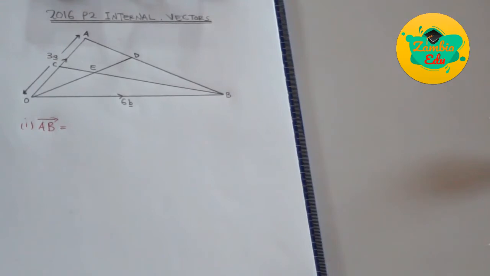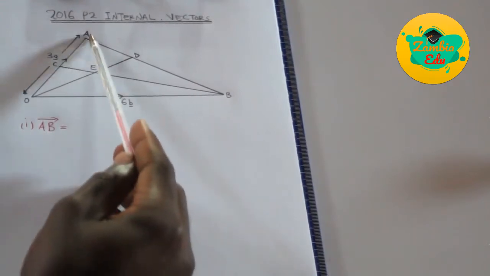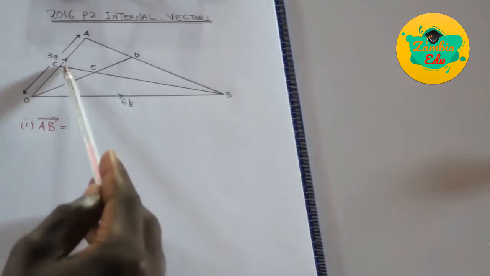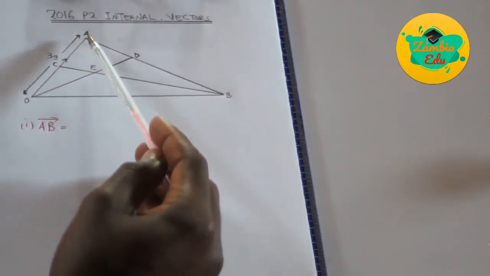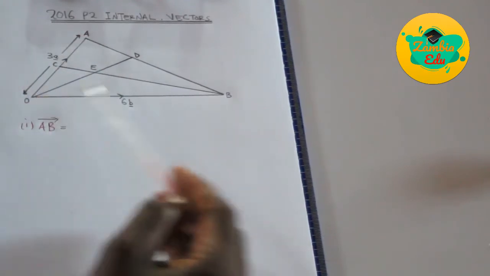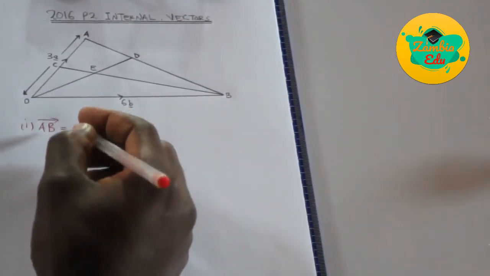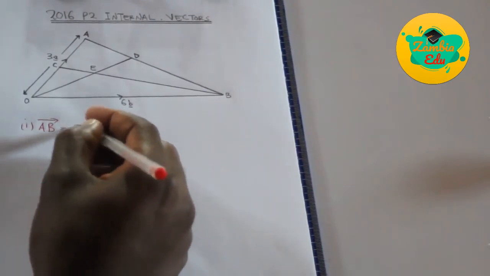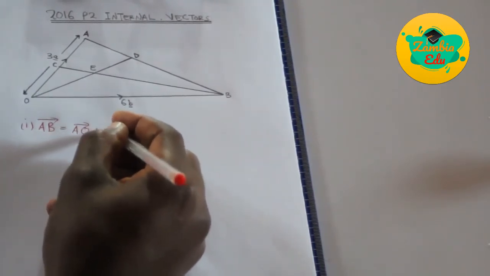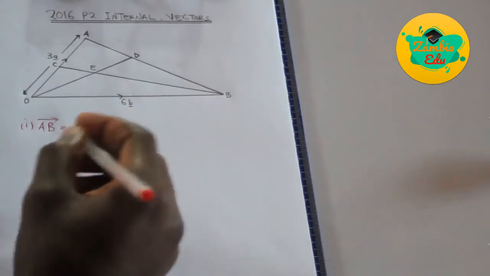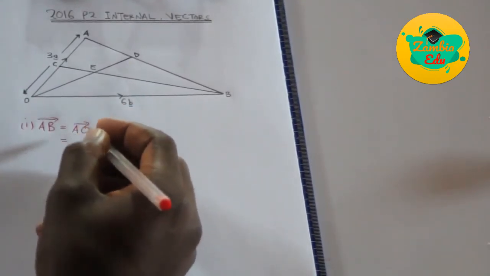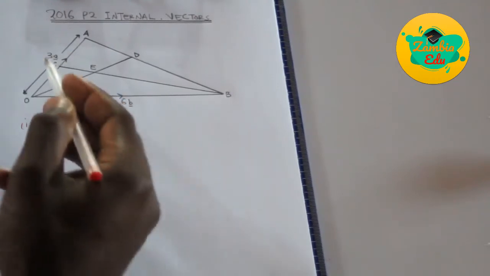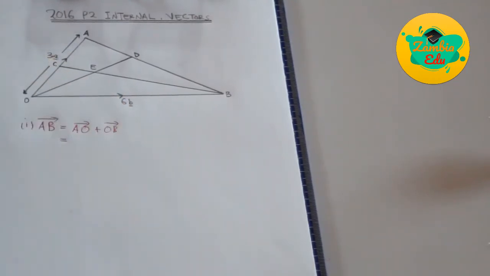In this case, we cannot use A to C then C to B because we don't know the value of that. We have the value of A to O and O to B. Therefore that qualifies, and we say we're going to use vector AO plus OB, which is going to be equal to, what's our value of vector AO? It's 3A. Is it just 3A?